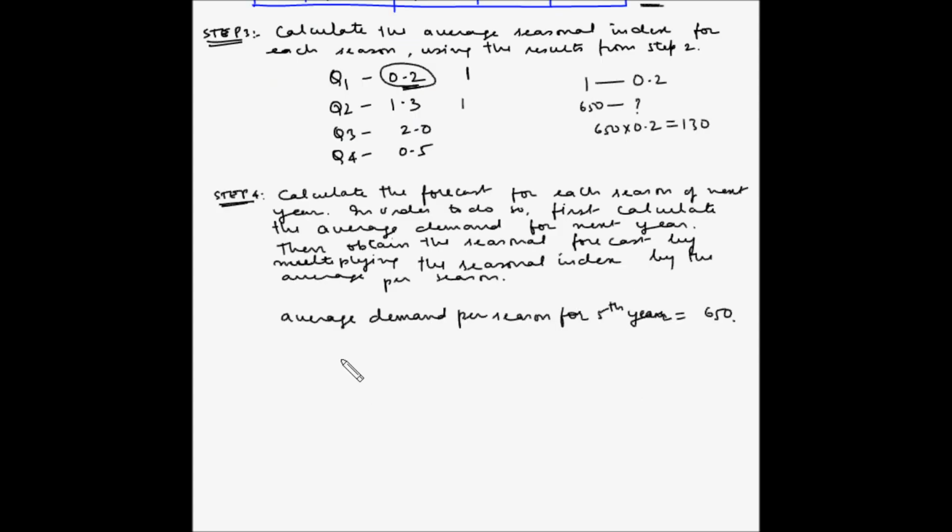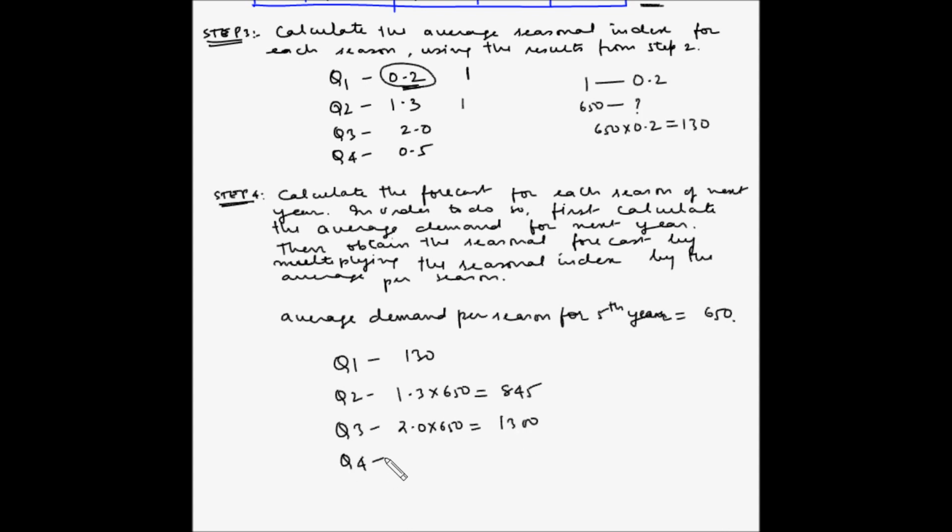So for Q1, the seasonal forecast becomes 130. For Q2, it becomes 1.3 multiplied by 650, which is equal to 845. For Q3, 2.0 multiplied by 650, which is 1300.